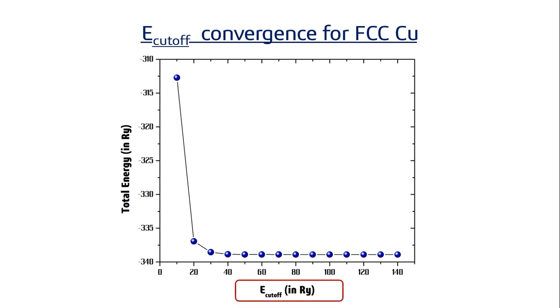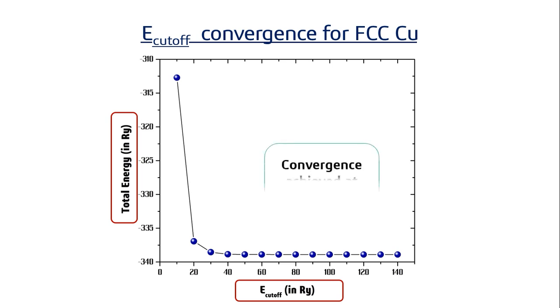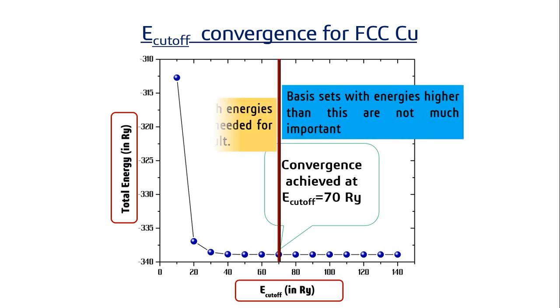One is for the value of the used energy cutoff for the basis set, and another for the total calculated energy of the supercell per atom for FCC copper. As you can see, after 70 Rydberg, the result is pretty well converged, and hence we can take E cutoff equals 70 Rydberg.